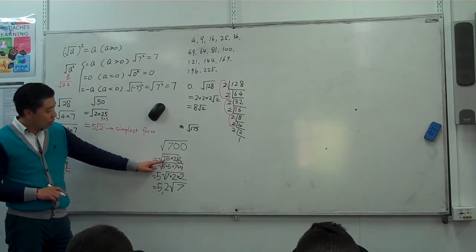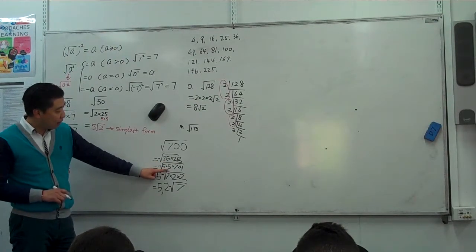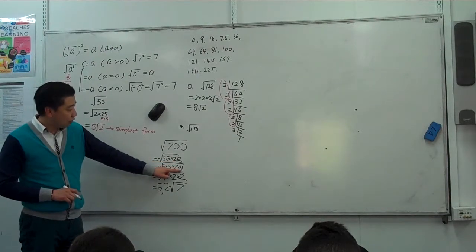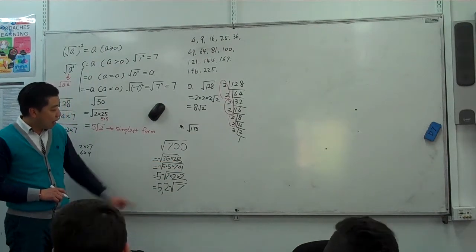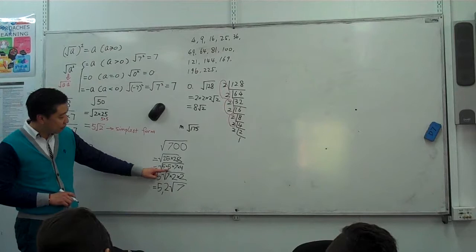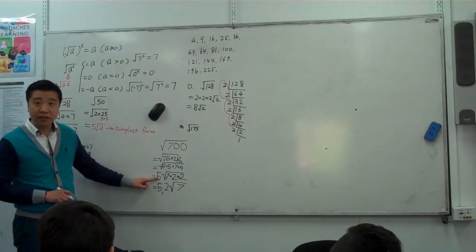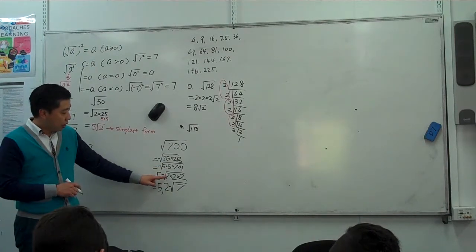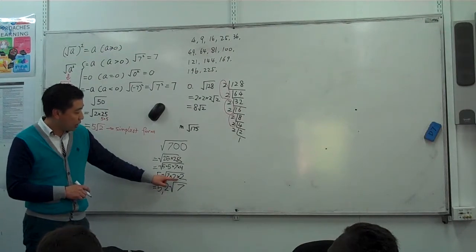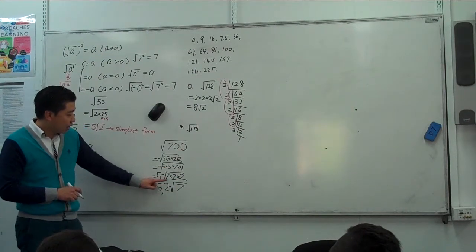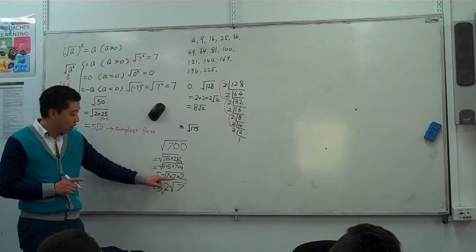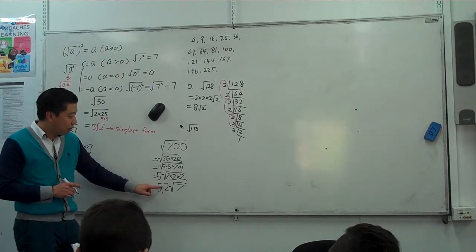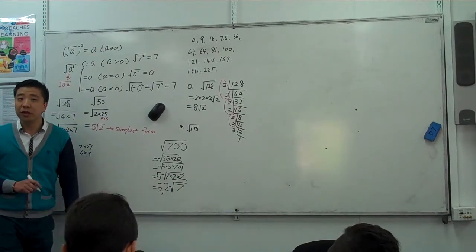And then he wrote 25 into 5 times 5, 28 into 4 times 7. And then he knows 5 times 5 can be written outside as 5. Square root 7 times 2 times 2, good. And then 2 can be outside, but he doesn't know what should be here.